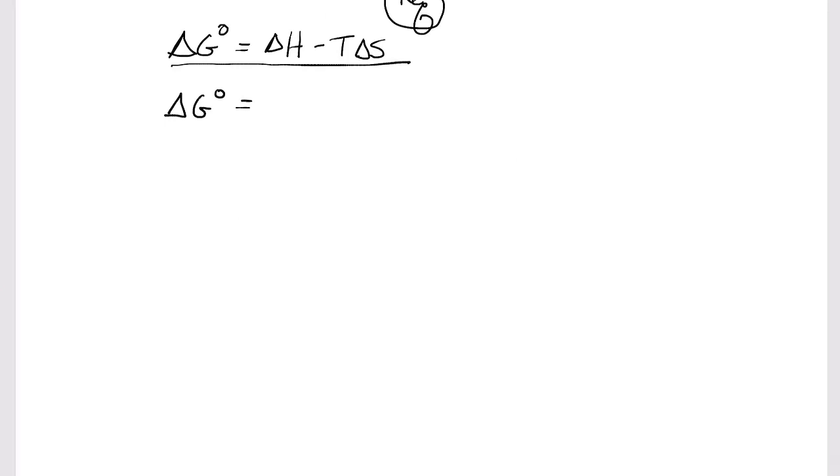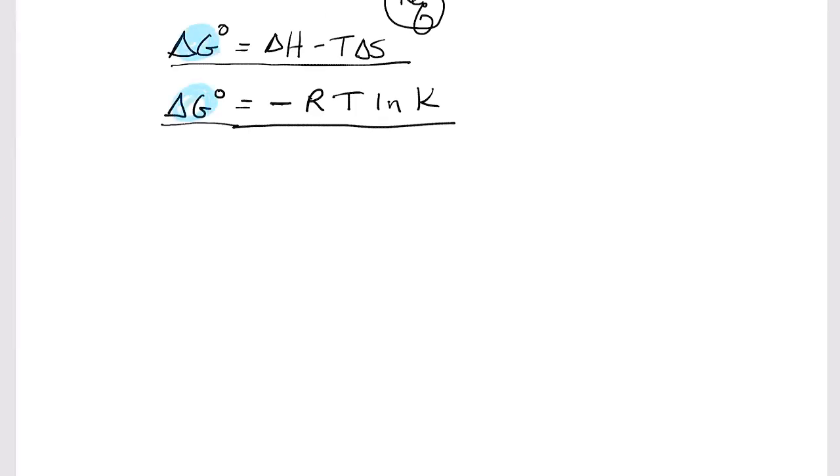It's a beautiful way for us to identify the universe's entropy change overall by looking at system quantities. And we also know that delta G standard is equal to minus RT ln of K. Those are two formulas for delta G.